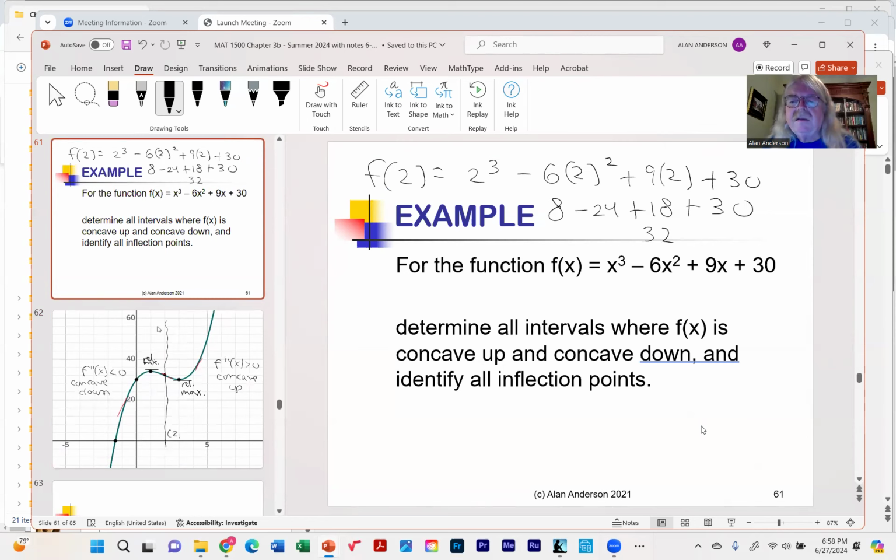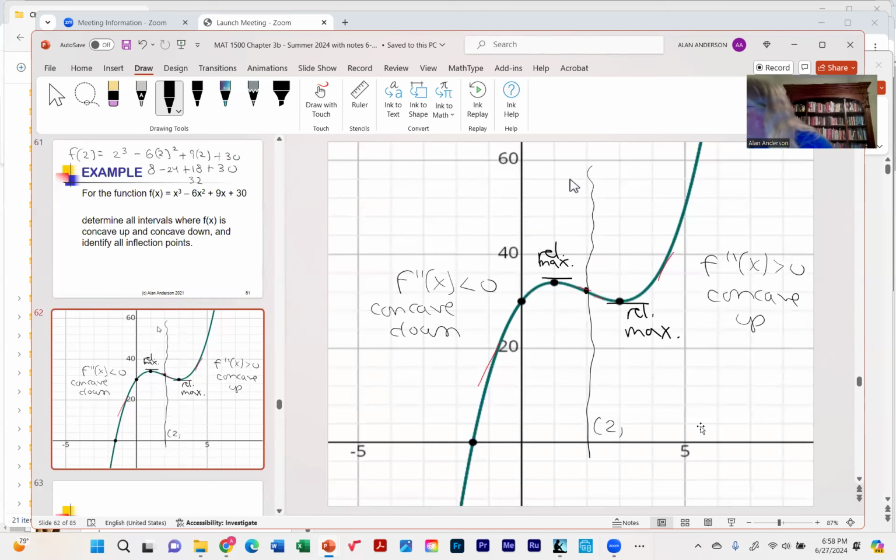Okay, so that point, (2, 32), is our inflection point. In other words, this is where the second derivative goes from negative to 0 to positive. And so we're changing from concave down to up at that point.